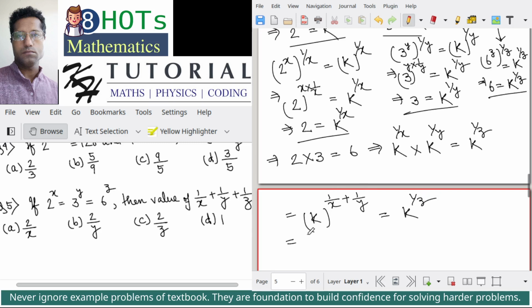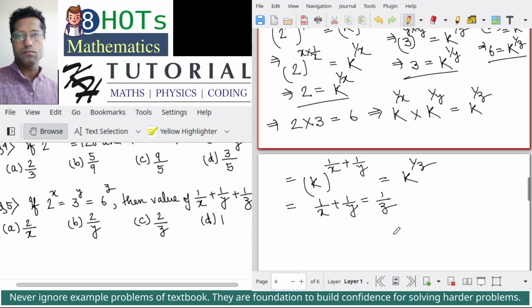Now we have an equation in exponential form where both the LHS and RHS are exponential terms and the base is the same, k. So we can now equate the powers and we will have 1 by x plus 1 by y is equal to 1 by z. So we have found that 1 by x plus 1 by y is equal to 1 by z.